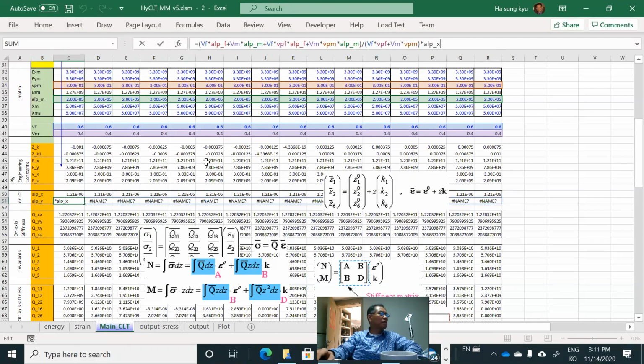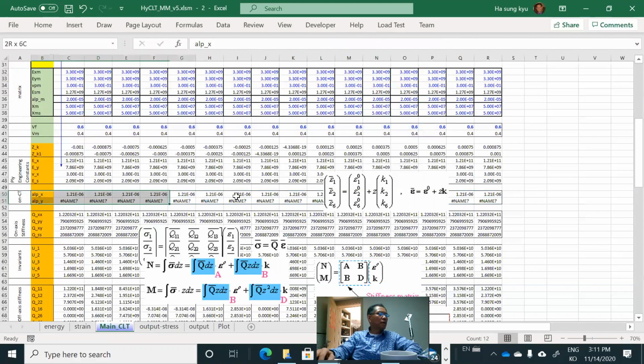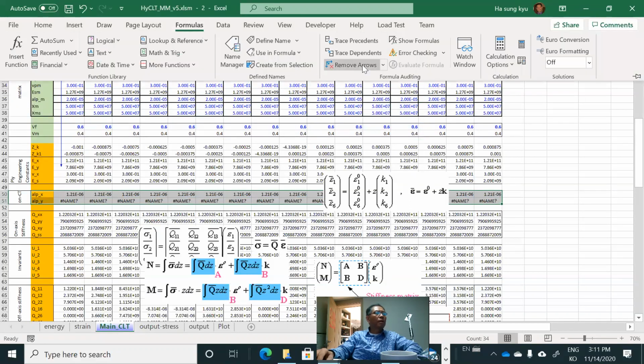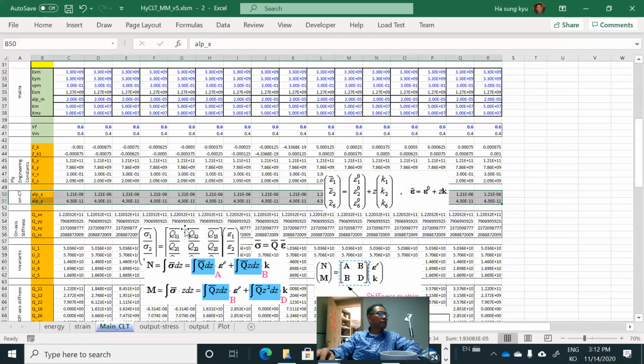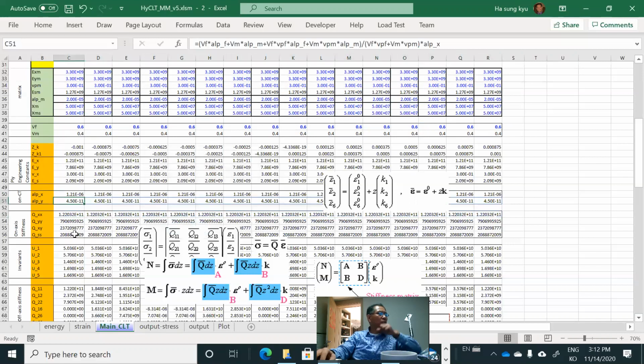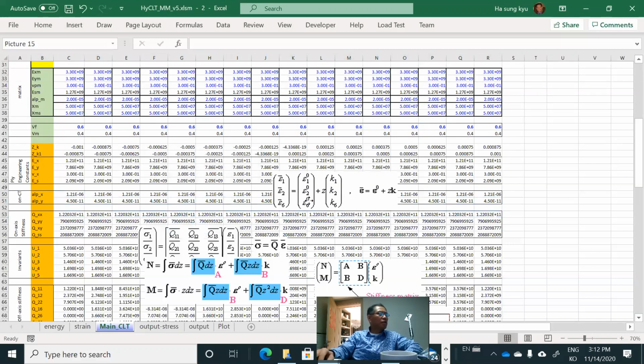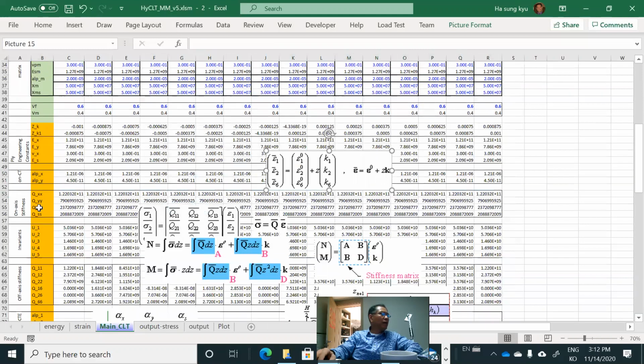Oh, we didn't have an alpha x yet. I'm gonna give a name, and create from selections. Okay, so this is the alpha x and alpha y.